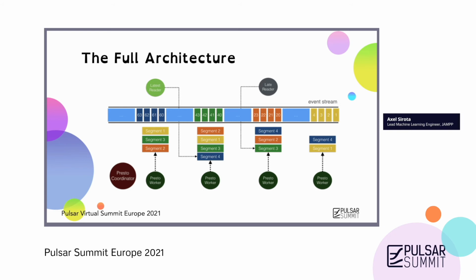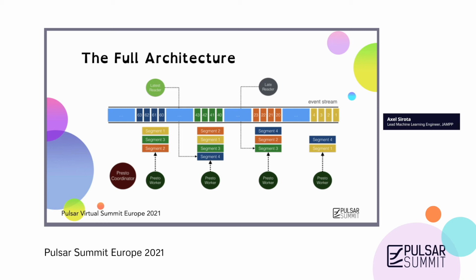Let's see for a brief moment how the full architecture looks like. So we have some readers, which are reading from a topic, which is an event stream. This event stream, as we know, is split into segments that are replicated across the bookies. What we have is the Presto workers, which are on the downside of this diagram, which are reading directly from the bookies.